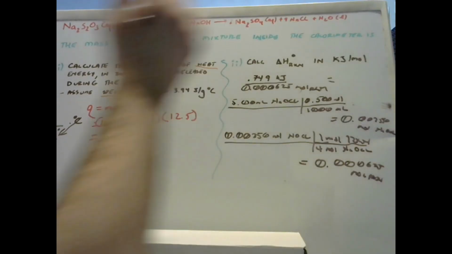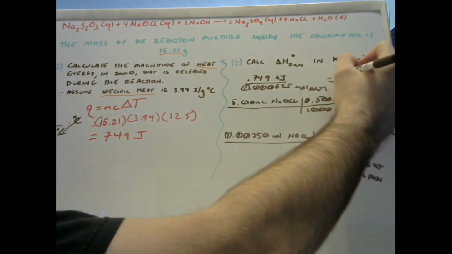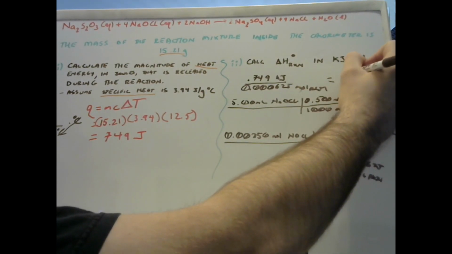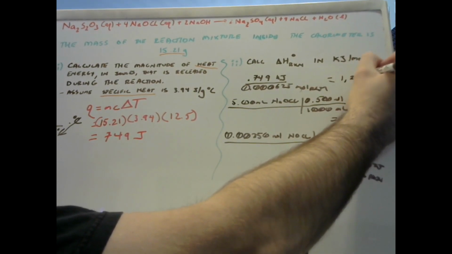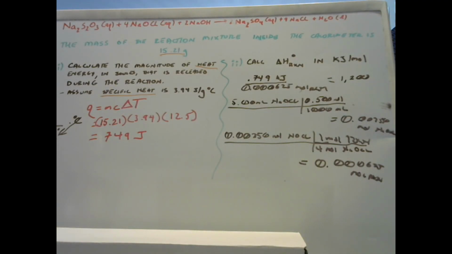And you should get, if you do the appropriate thing, 1,200, which we'll want to reduce to the proper number of sig figs. So let's go ahead and write our answer down.